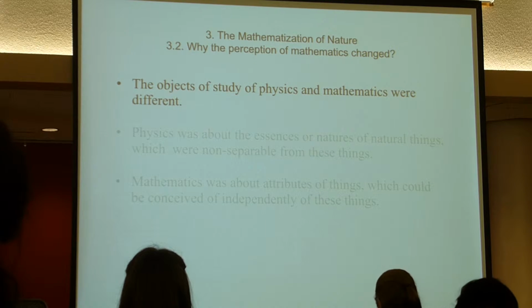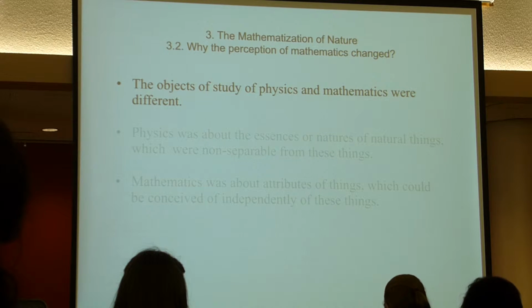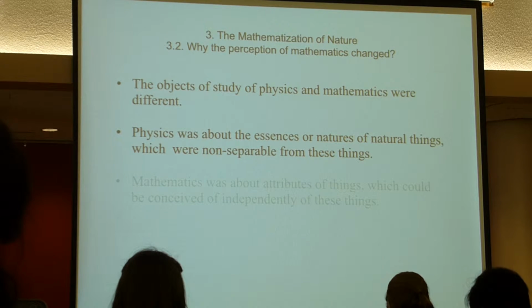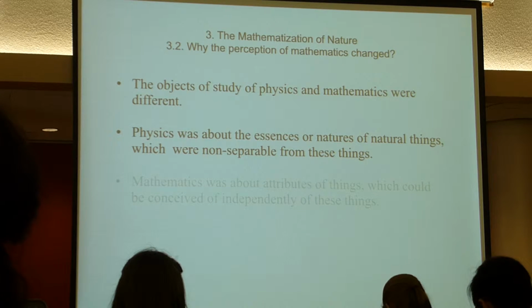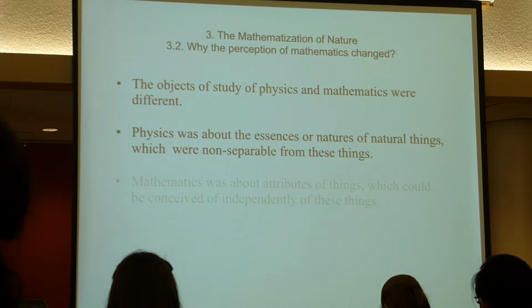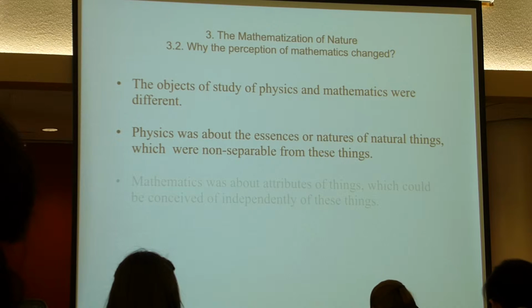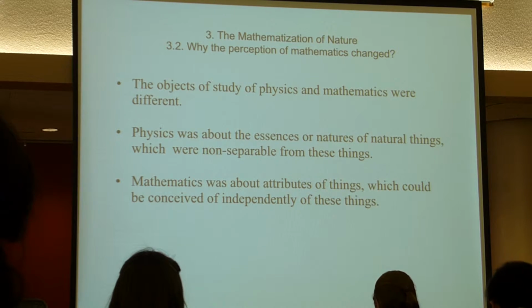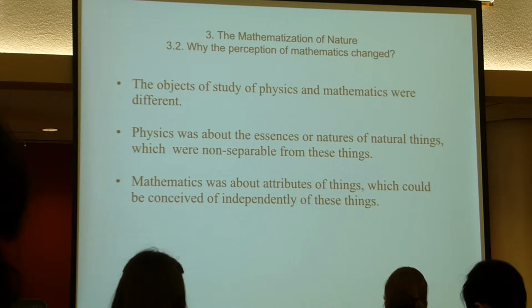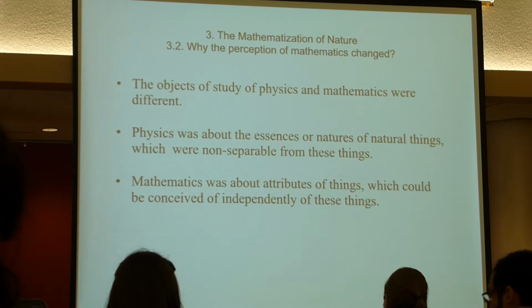So the objects of study of physics and mathematics were different. Physics was conceived in this neo-Aristotelian scholastic philosophy as studying the essences, the nature of natural things, which are not separable from the things themselves. While mathematics was considered as studying some attributes of things which could be conceived independently of the objects.